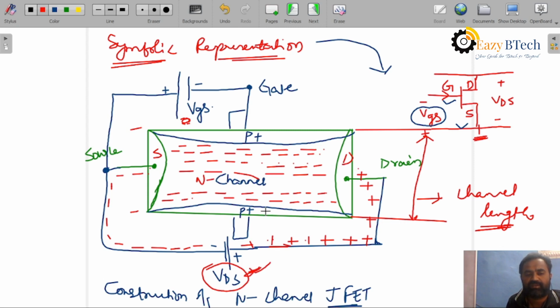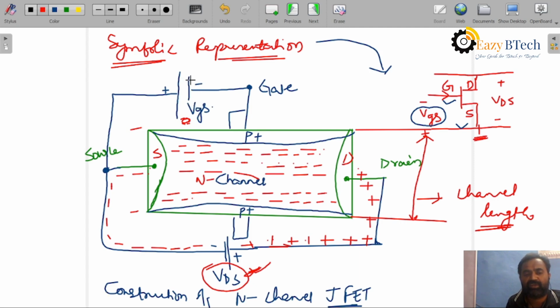Is it clear? But the current flow through the transistor can be reduced, or controlled, by using the VGS voltage. That is why this input electric field decides the amount of current flow in the transistor. That is why it is known as a field effect transistor.